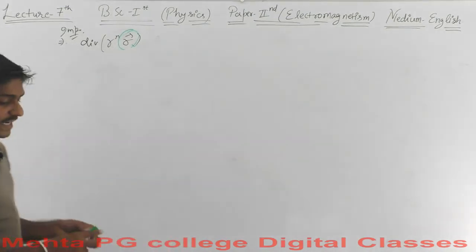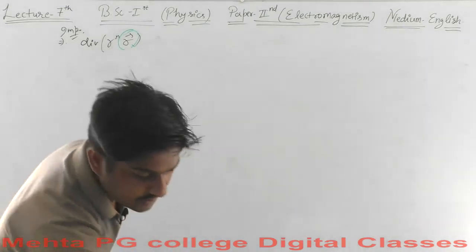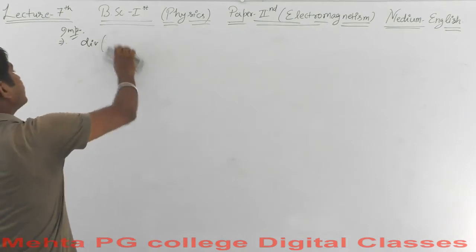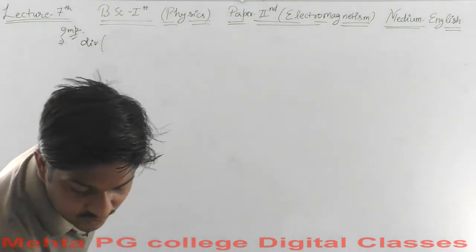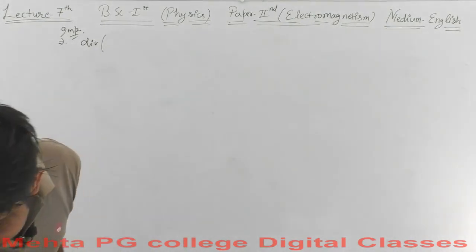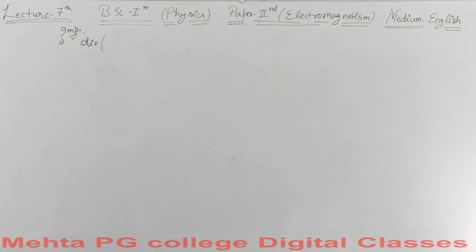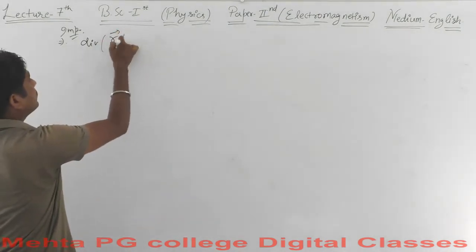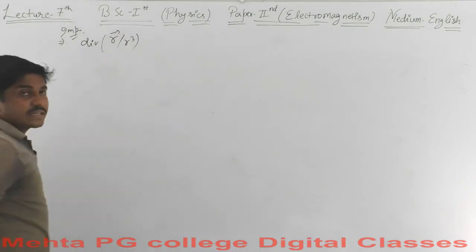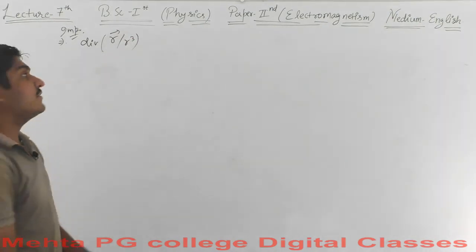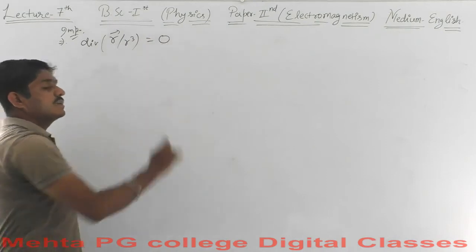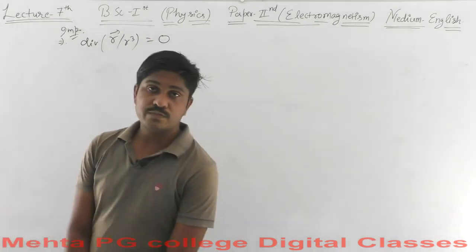So we are supposed to find the divergence of, sorry, let me clear this off again. We are supposed to find the divergence of r vector over r cube, and we are supposed to prove that this will be 0.